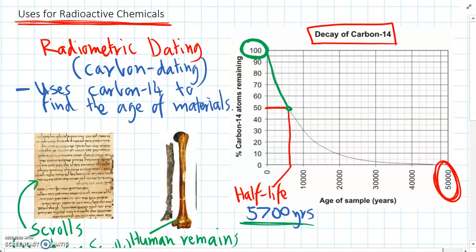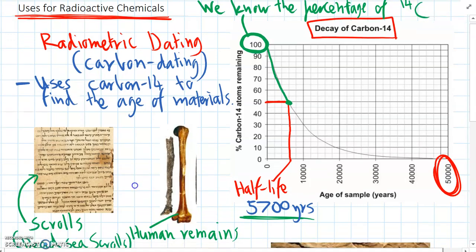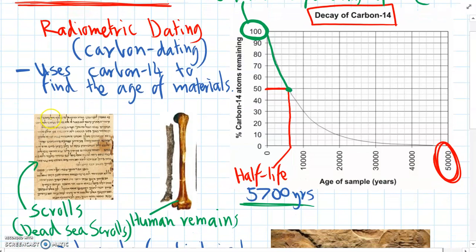And we also know how much carbon-14 there is in nature normally. So we know the percentage of carbon-14. So when we find an artifact, we can test that material. They tested a small piece of the Dead Sea Scrolls, and they figured out how much percent of the carbon-14 is left compared to the starting amount that there should be.